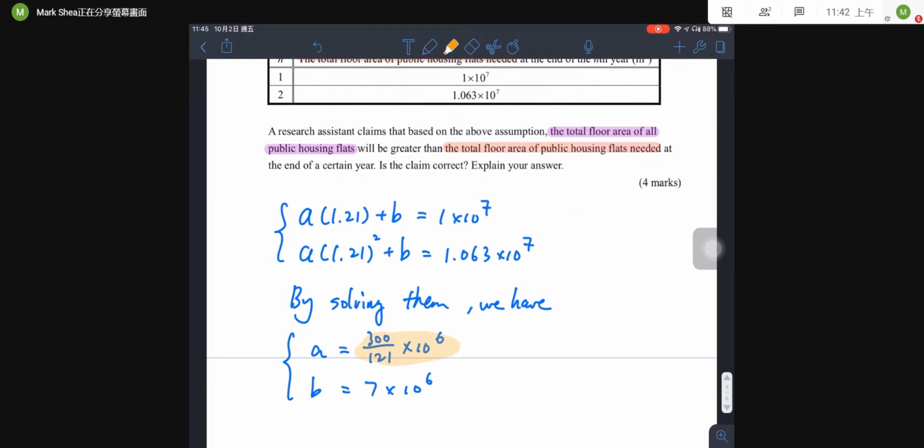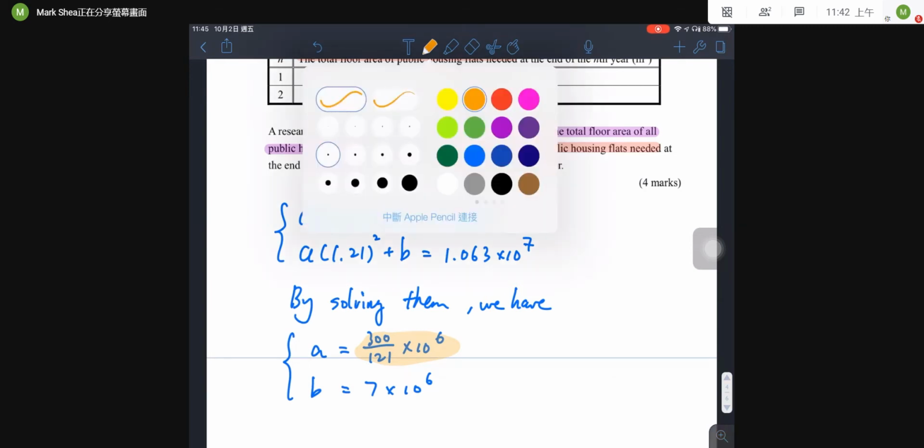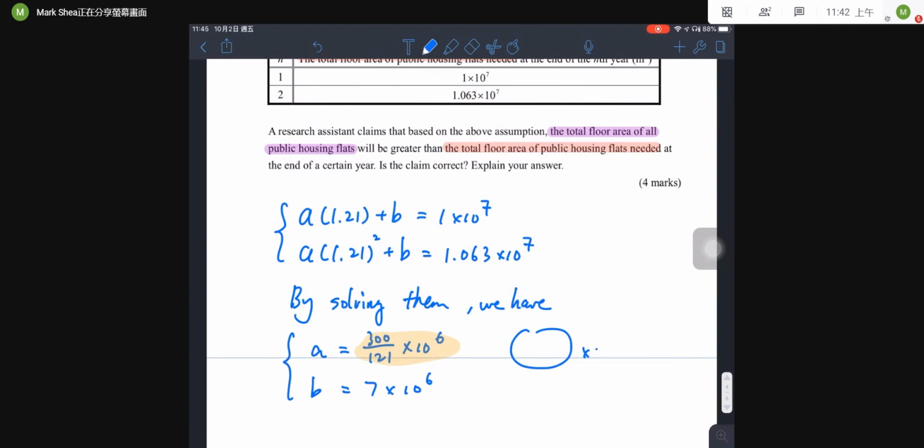It means that the orders of A and B are quite close. So you can guess that A should be some number times 10 to the power 6, just like B, which is 7 times 10 to the power 6.